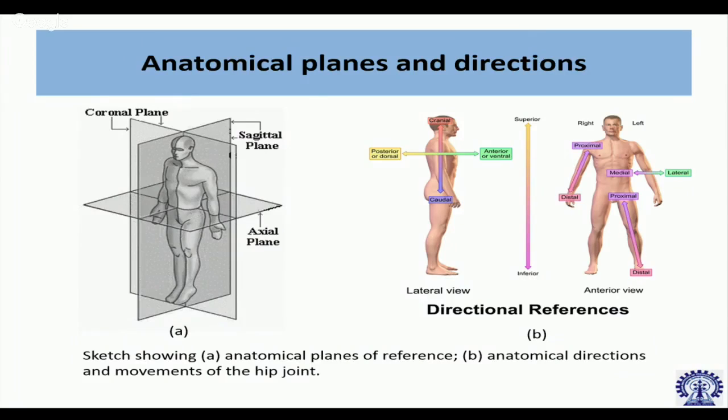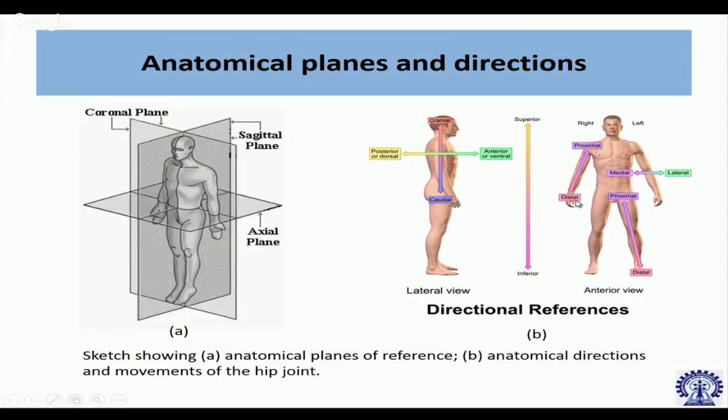Now we move a little bit more inside the human body, and you can see here on the right the anterior view. Concentrate on this picture, and you can see that we have proximal and distal.